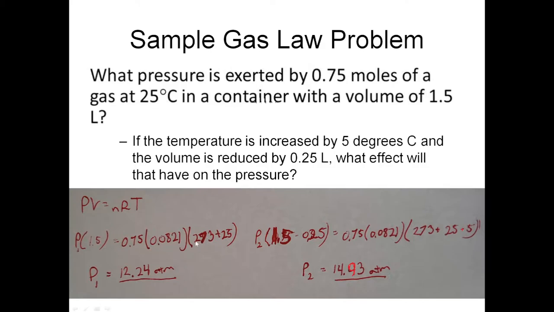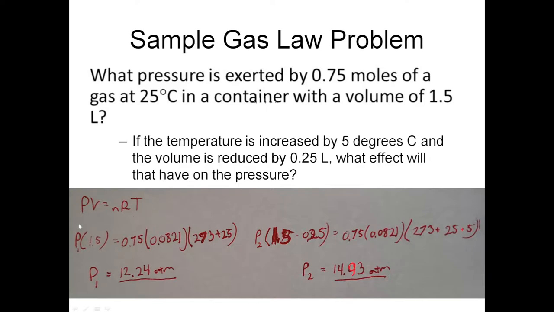So this part right here is to convert the 25 Celsius into Kelvin to be able to use in this formula. Celsius will only work for delta T, since the change in Celsius is the same as the change in Kelvin. If it's just T, you have to use Kelvin, since that's a better metric of how much energy the substance has at a given temperature.